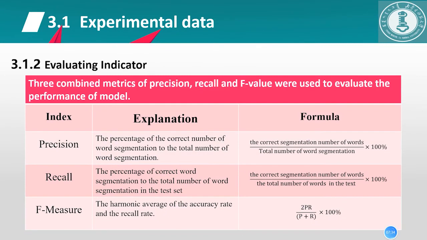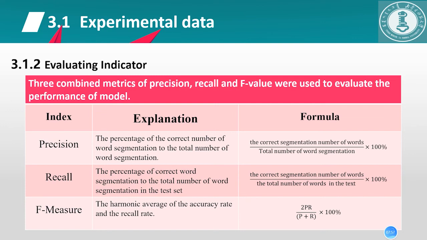In this experiment, 3 evaluation metrics of precision, recall, and F-value were used to evaluate the performance of this model. The precision rate is the percentage of the number of correct word segmentation to the total number of word segmentation.